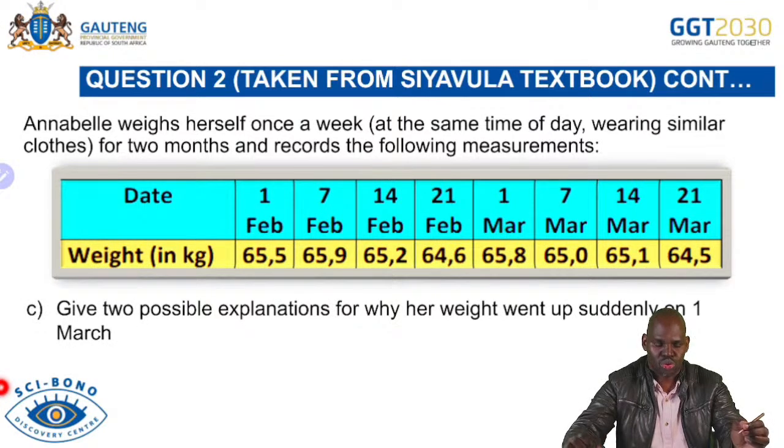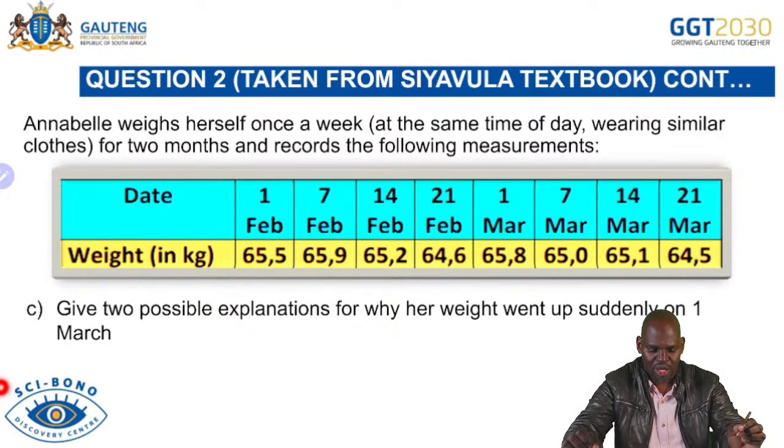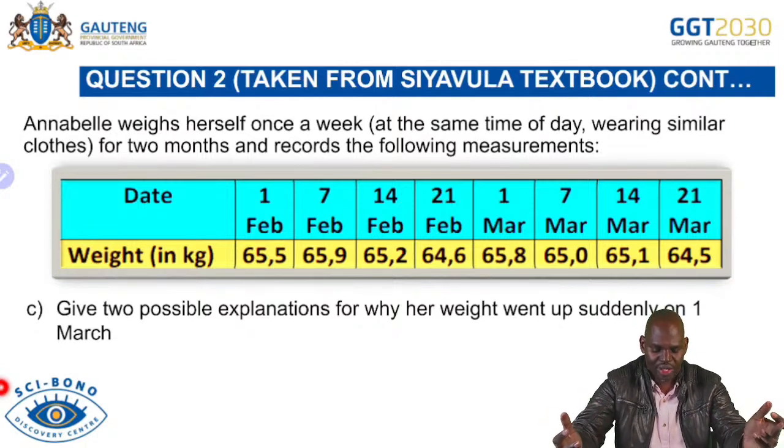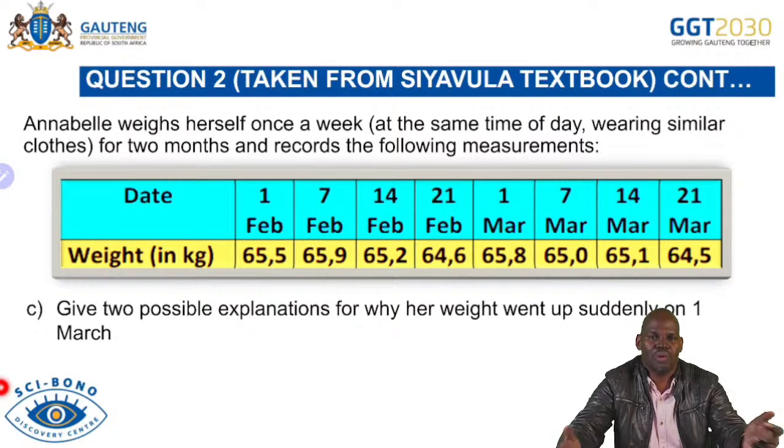Then question 2C is: give two possible explanations for why her weight went up suddenly on the 1st of March. Okay, now boys and girls, when we come to reasoning, we can all have different reasons again, but your reasoning must also be relevant.